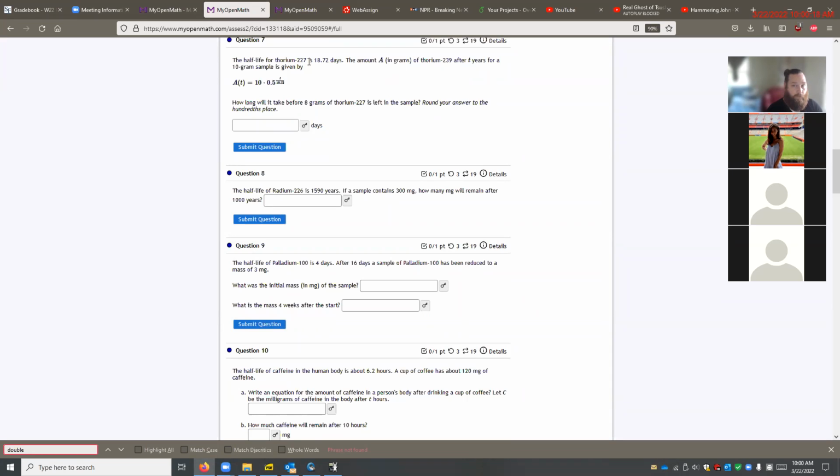And the amount A in grams of thorium-227 after t years from a 10 gram sample. How much is left? Why did I say 227, 239?